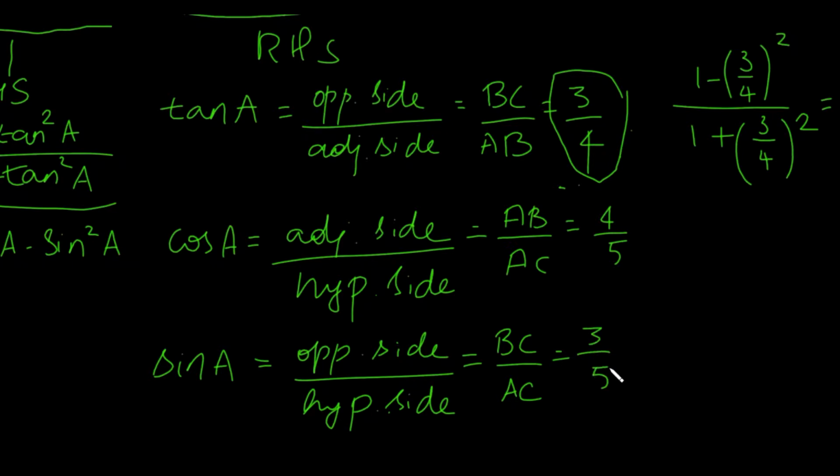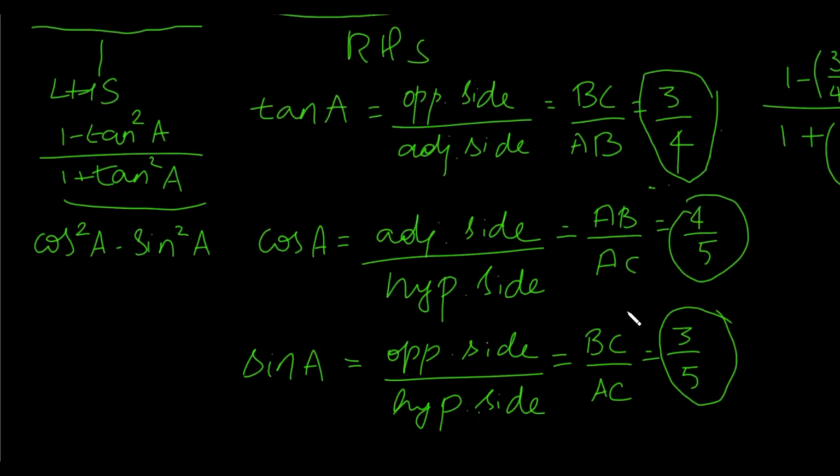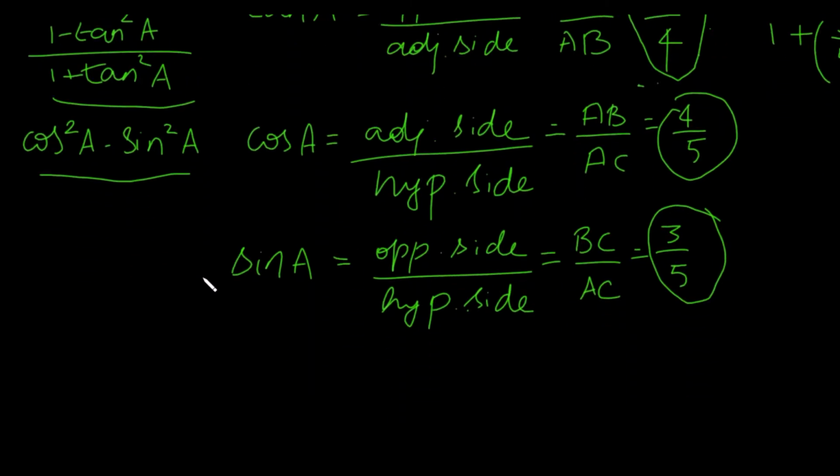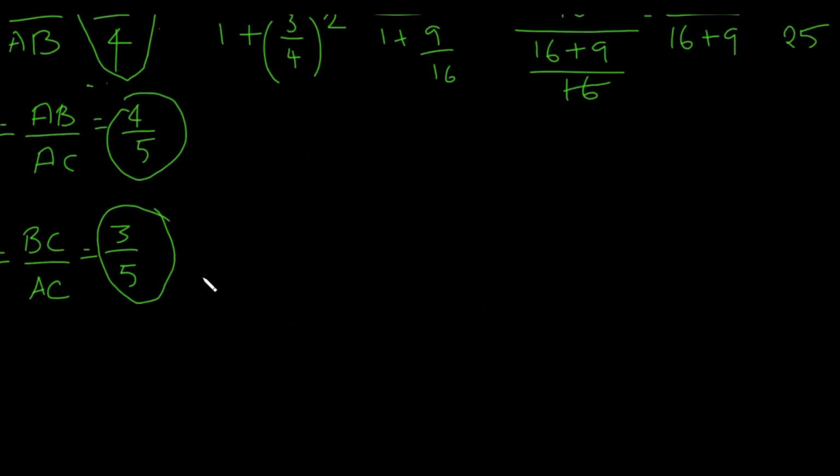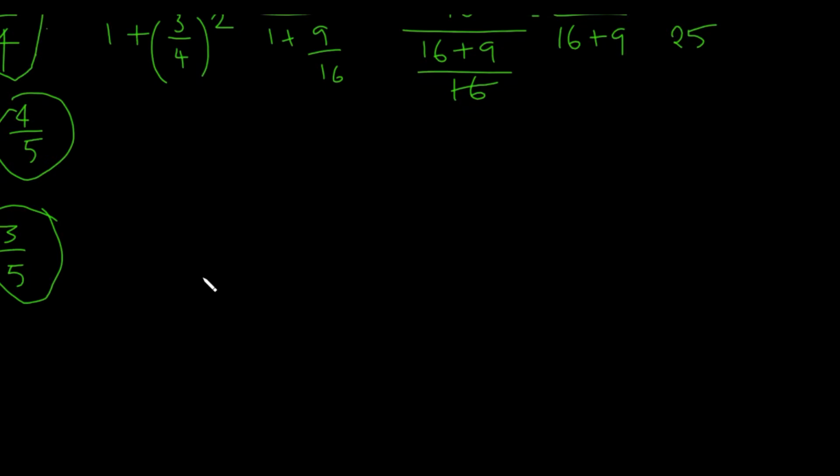Now let's enter both the values, this value and this value, in our equation, which is this. That's going to be cos square A minus sin square A. I'm writing it again so that you don't get confused with the equation.